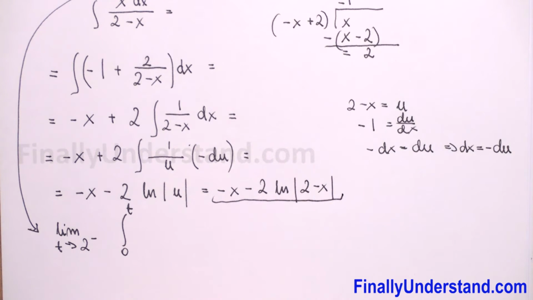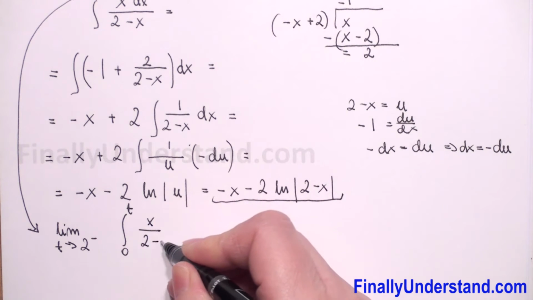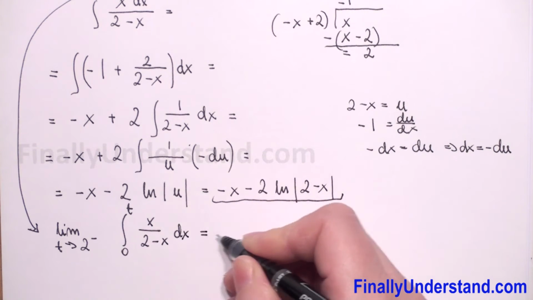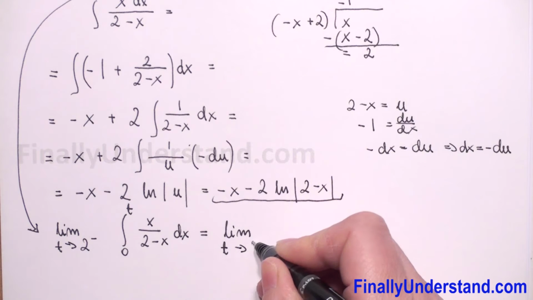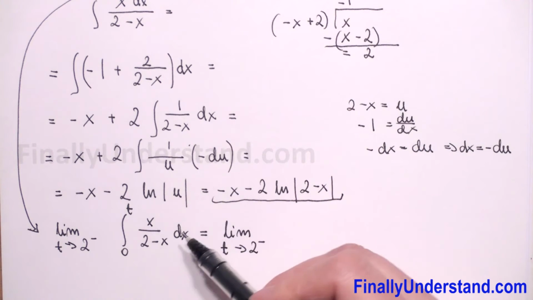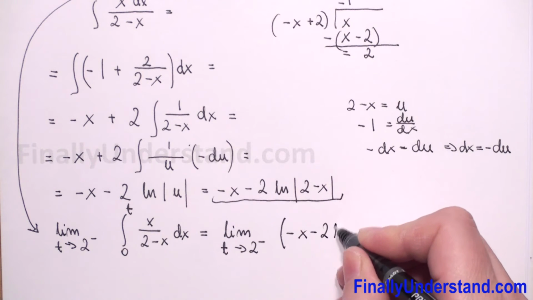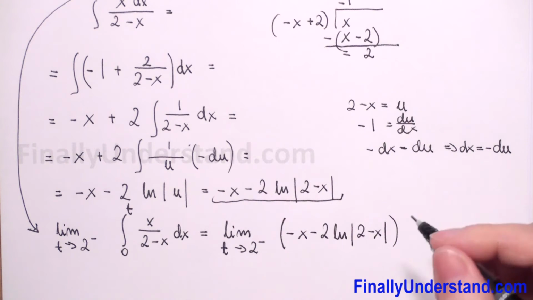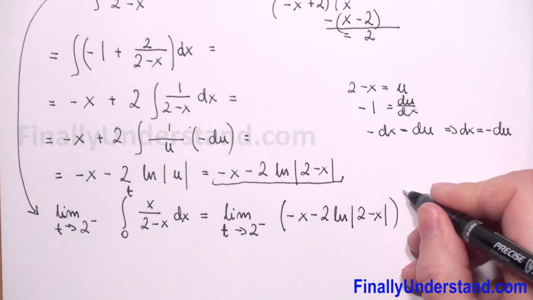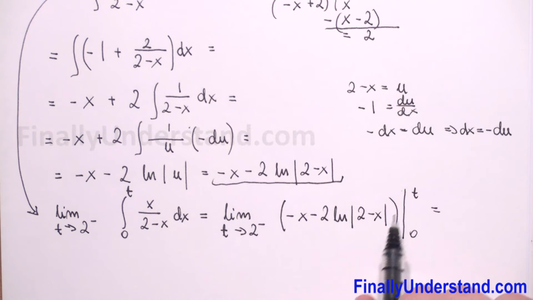So we write this first: x over 2 minus x dx. This is equal to the limit as t goes to 2 from the left, and instead of this integral we put negative x minus 2 natural logarithm of the absolute value of 2 minus x, and because we have a definite integral we have to put the limits, from 0 to t. Now first we put the upper limit and we subtract the lower limit.